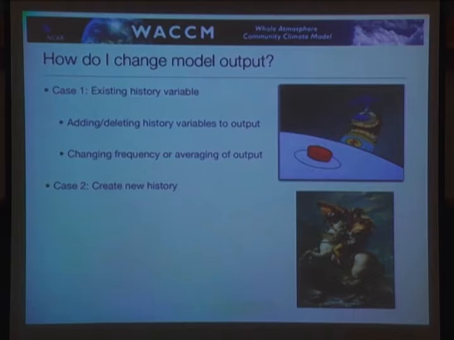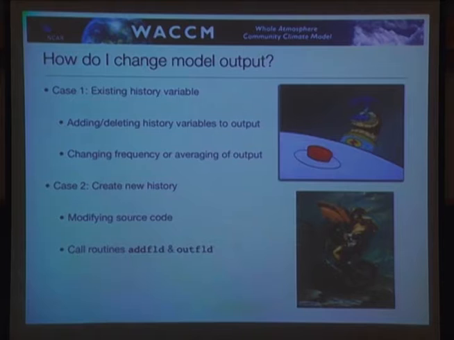Or you might want to create a new history variable. And in that case, we'll be modifying the source code and calling routines which are called add field and out field. And I'll explain those as we get to case 2. And then we'll need to recompile the model with this modified source code. So let's start with case 1.